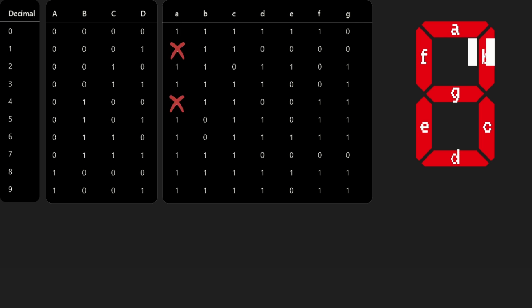For now we will ignore the parts where segment A is turned off, for example where its value is 0. As you can see from the table, when the input is 0001 or 0100, the segment will be turned off, and we will ignore these values. We will only focus on the values where this segment needs to be turned on.